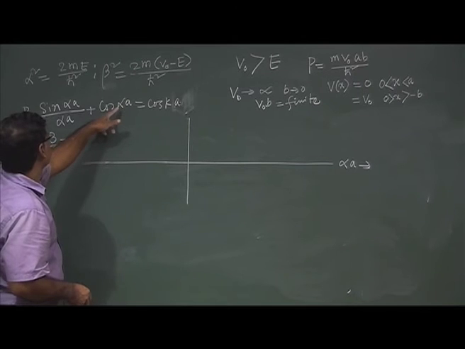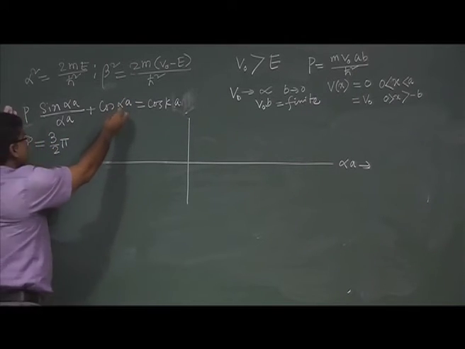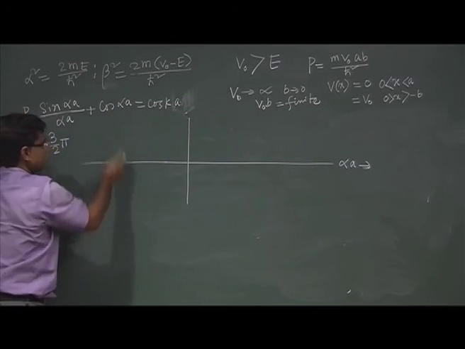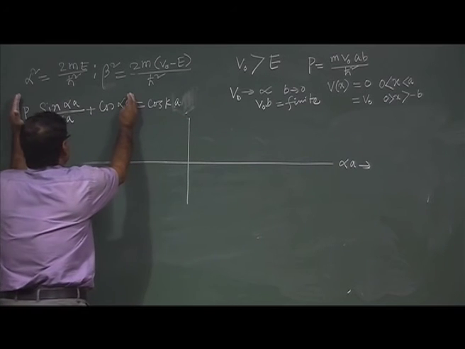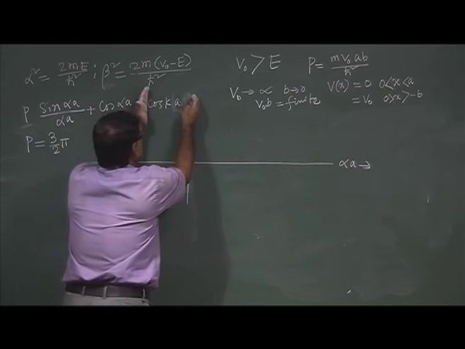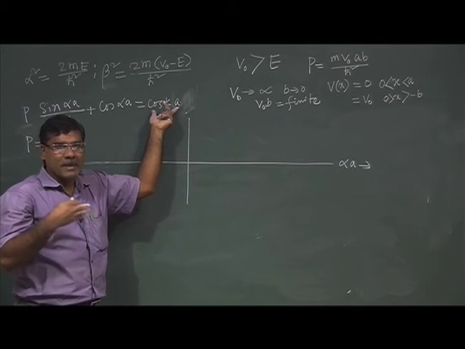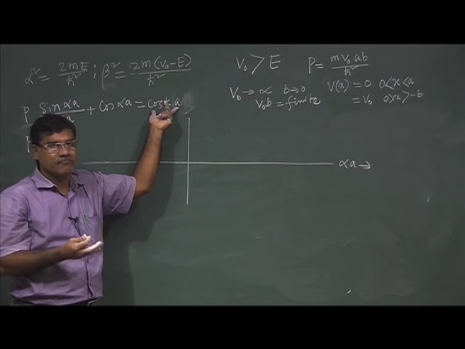So now if I plot, say, the left hand side in terms of alpha a, this part will be equal to that other part, and the cos value can have a value between +1 and -1, right.